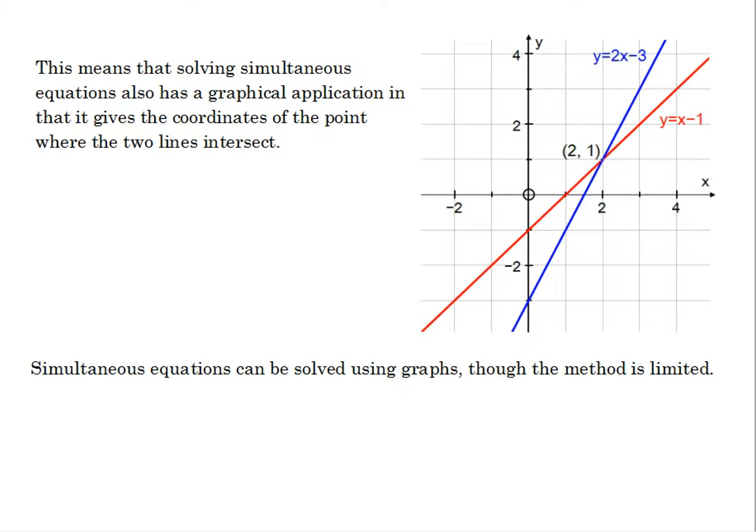You should draw your graphs on a grid if you're going to read the solution off correctly. And it's only going to be accurate if your solution is a pair of whole number coordinates. If the simultaneous solution was 1.85 and 7.924, a graphical method without technology is not going to be useful.